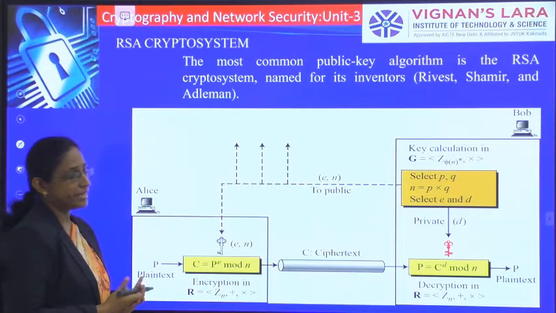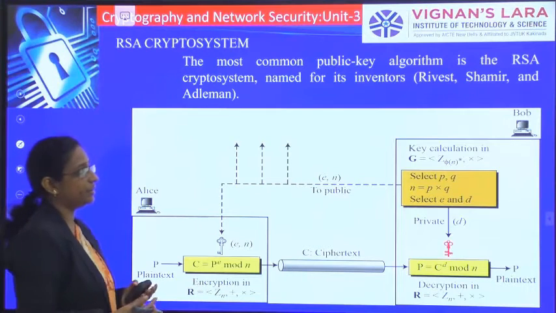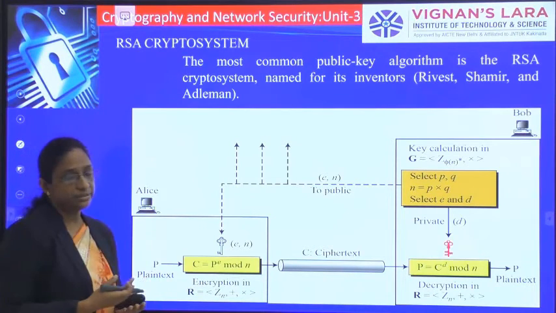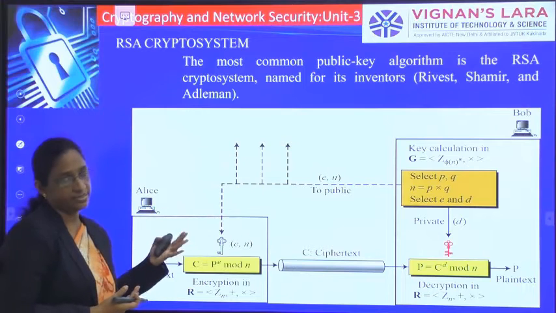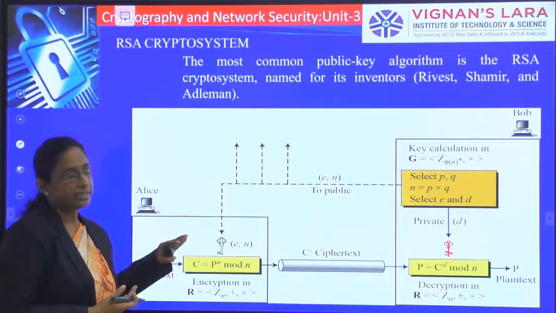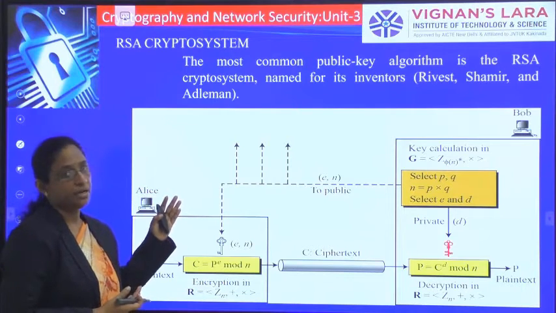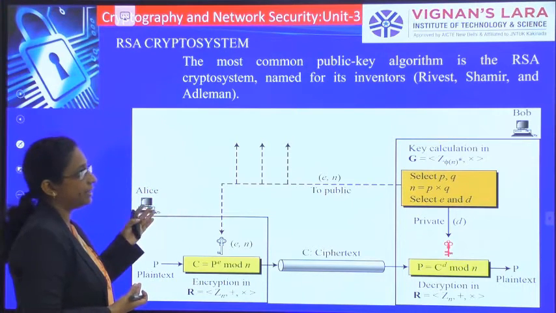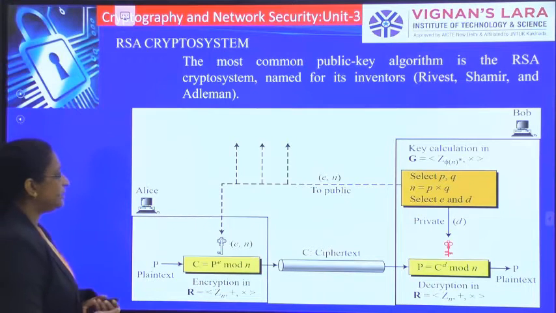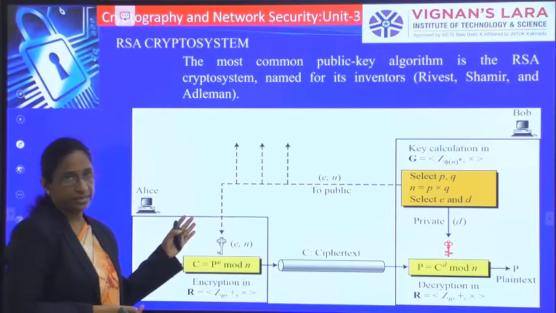It is named after its inventors: Rivest, Shamir and Adleman are the three persons who developed this algorithm, and they named it after their names, that is nothing but RSA. So this is the process of RSA encryption.